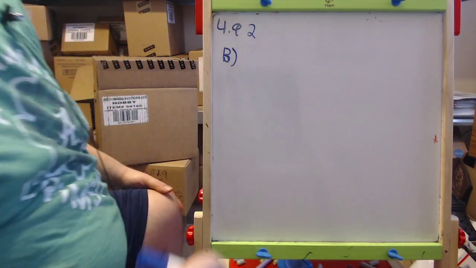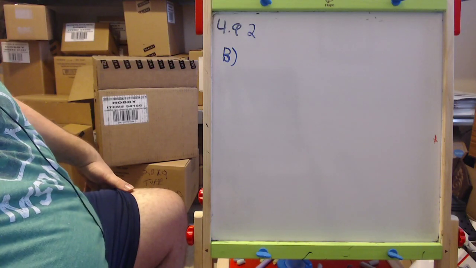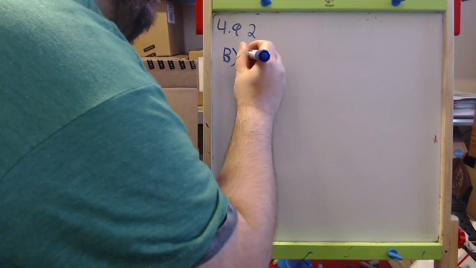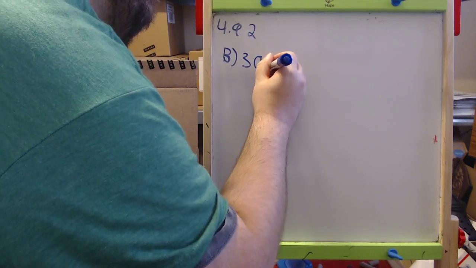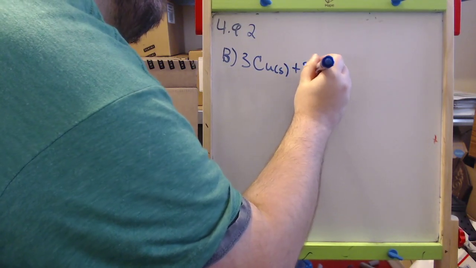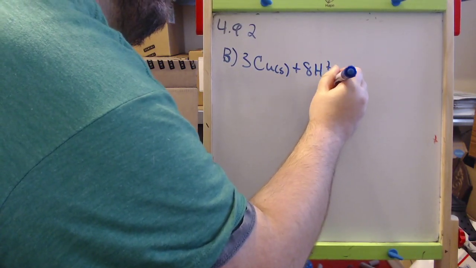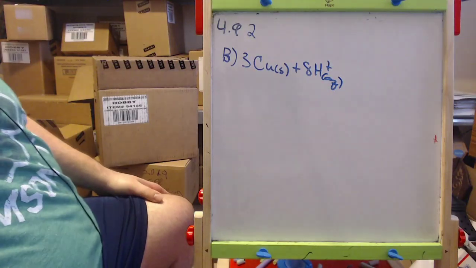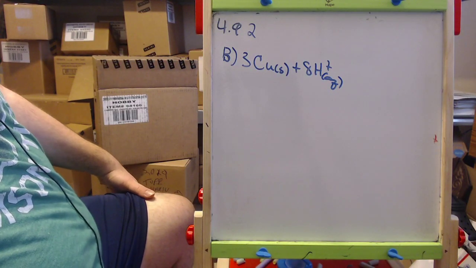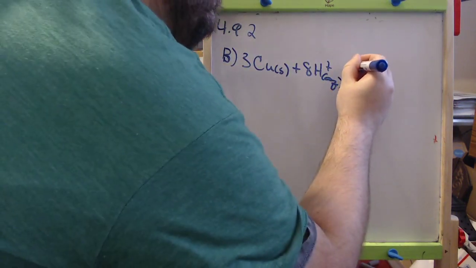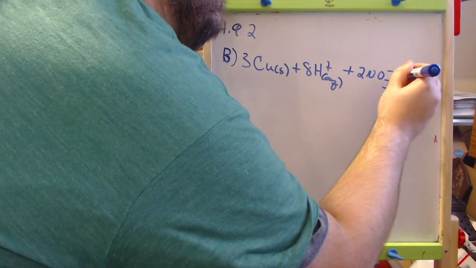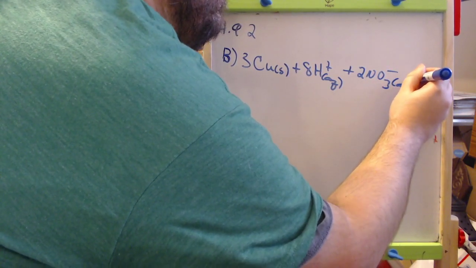It's a long one. All right, we got 3 copper solid plus 8H plus aqueous plus 2NO3 minus aqueous yields.